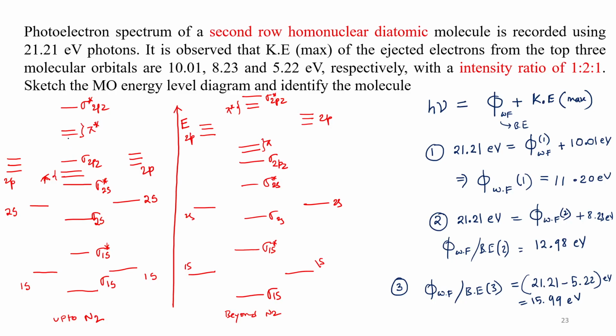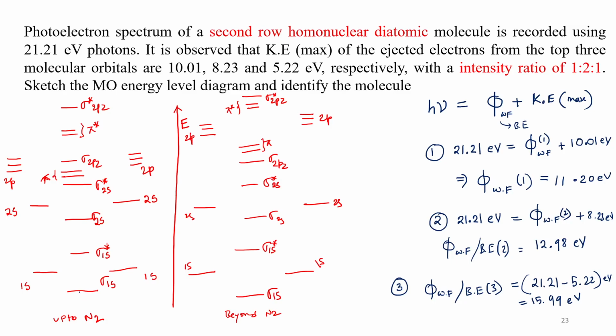This has 2, 1, 1 single electron, and it cannot have sigma star 2pz, or pi star has to be 4, 4, 2, 2. That could be one case. And up to nitrogen, what does the MO look like?